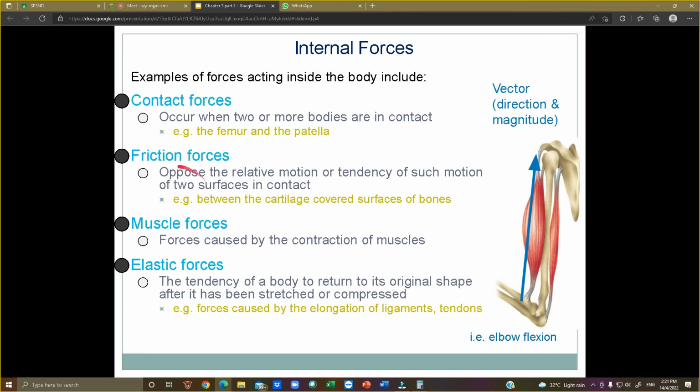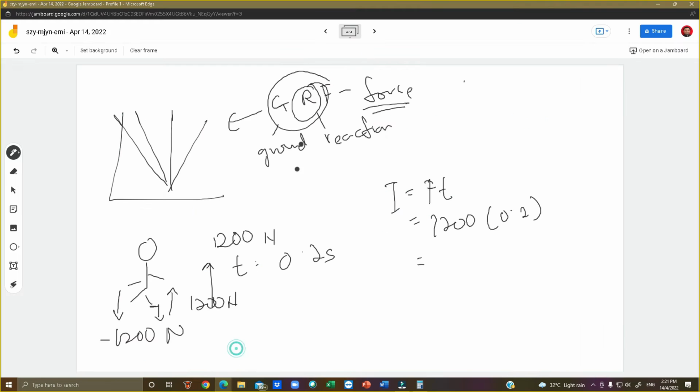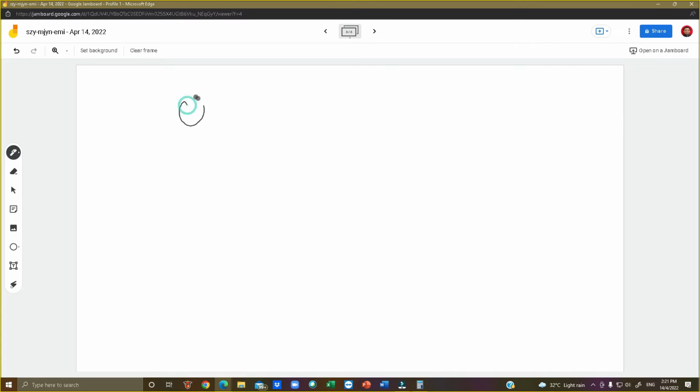Kita sepak bola, we produce force at the hamstring and quadriceps. When we kick the ball, ingat benda yang kita belajar semalam, impulse being transferred. That is an example of external force. Okay. Tu benda tu kena faham. Internal, external. Kita sepak bola.